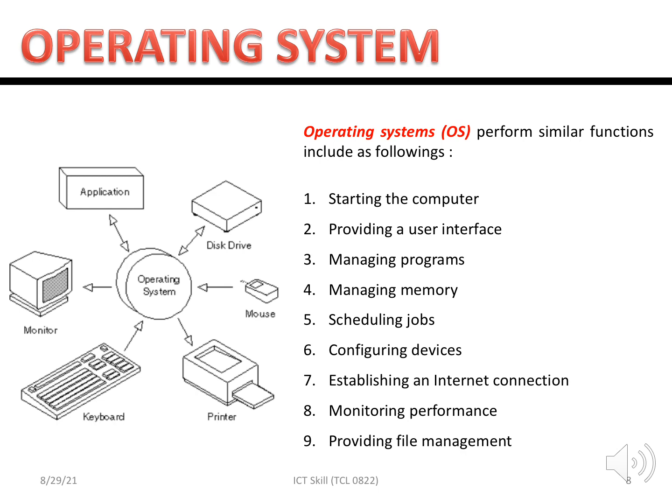But as long as you remember only 5 functions is enough, which are the most important: it can start the computer, provide the user interface, manage programs and memory, and also schedule the jobs. So that is a part of the operating system.